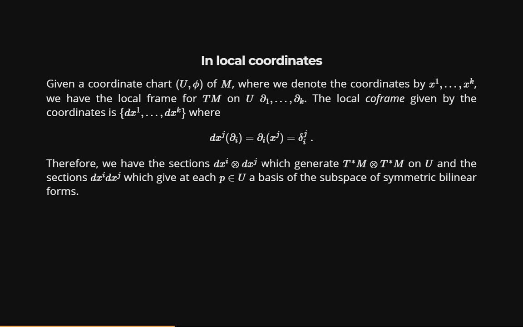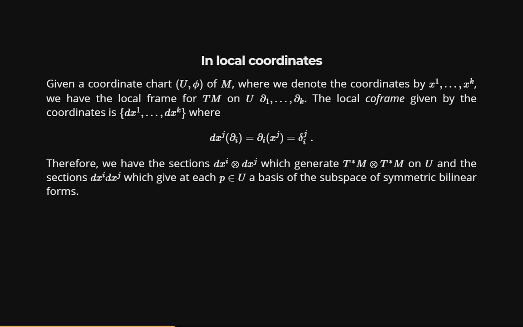If you do it at every point, you get a section of T star M tensor T star M, and quite obviously, as these guys generate, all the possible tensor products, which are k squared, generate T star M tensor T star M. On U, obviously, everything is local.